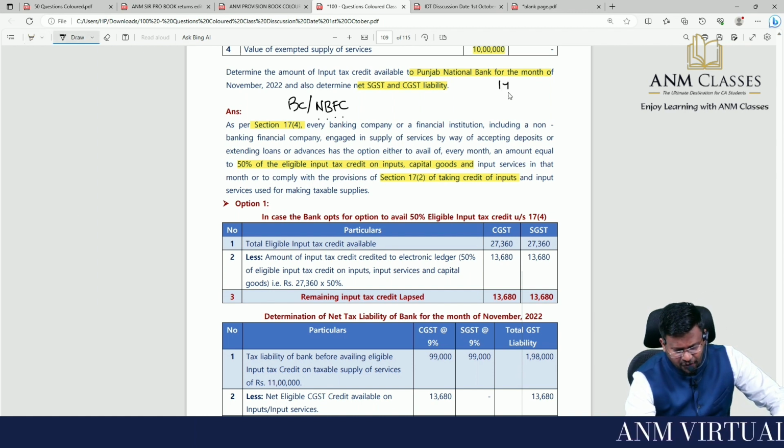That means either they can follow 17.2 or they can follow 17.4.